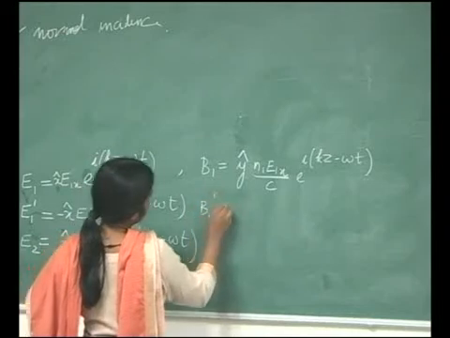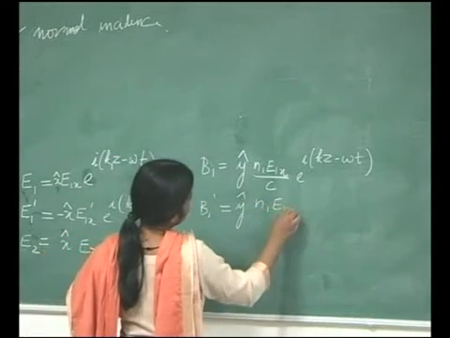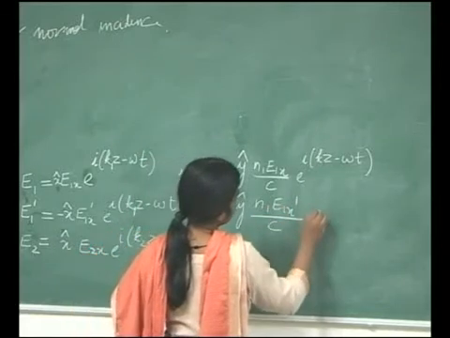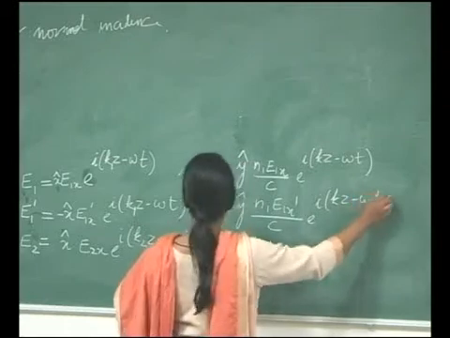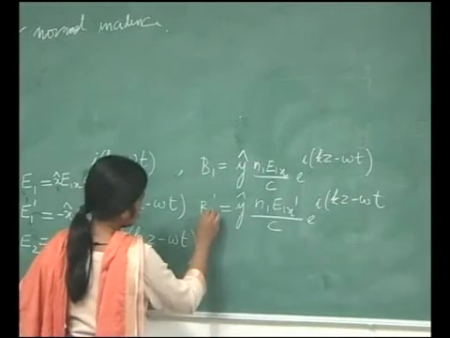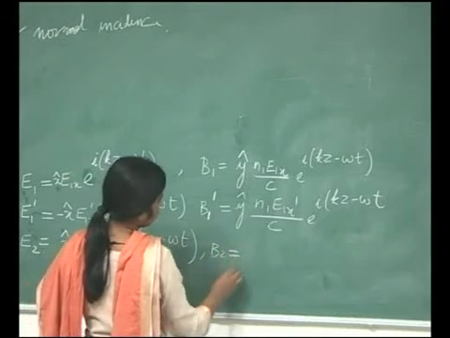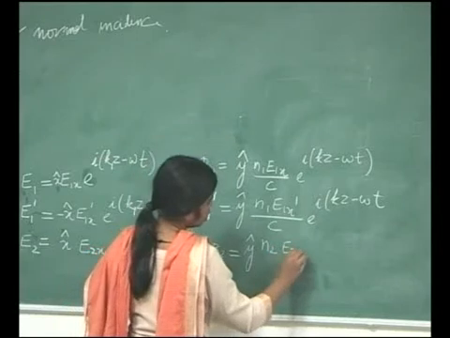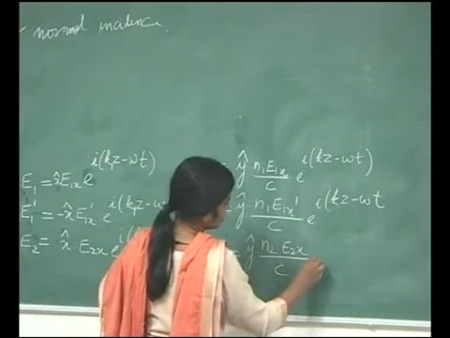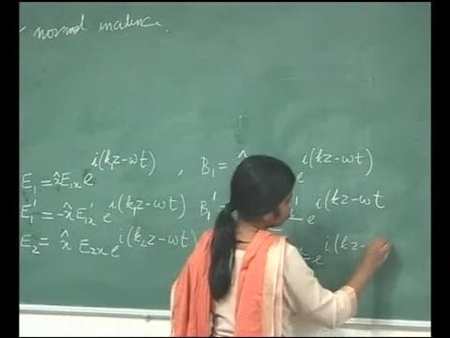B1 dash will be equal to y cap N1 E1x dash by C e to the power i (kz minus omega t), and B2 will be equal to y cap N2 E2x by C e to the power i (kz minus omega t).